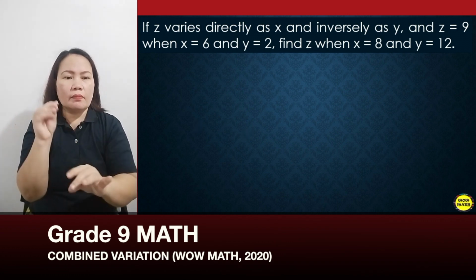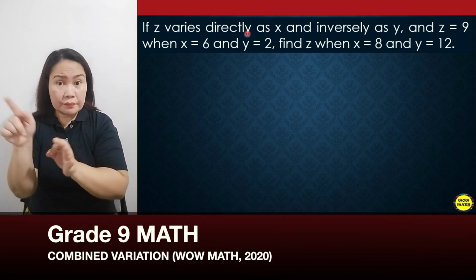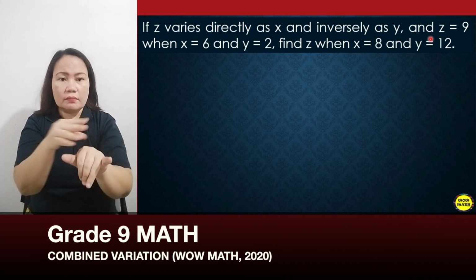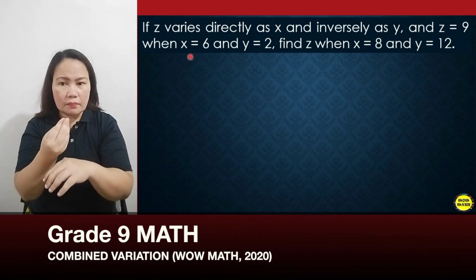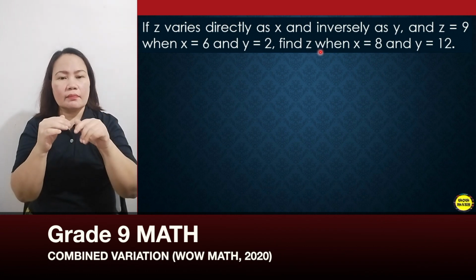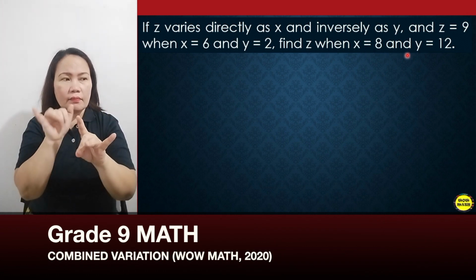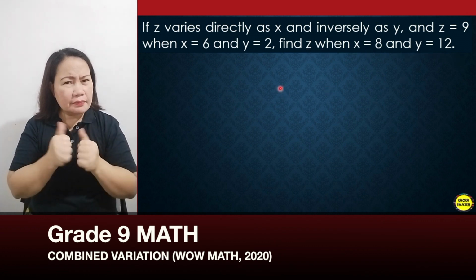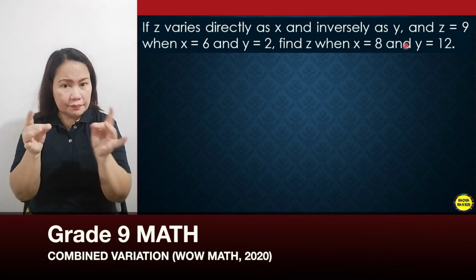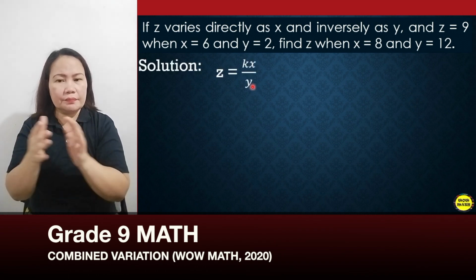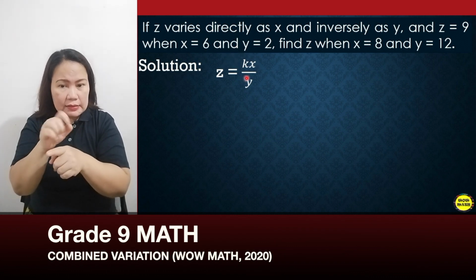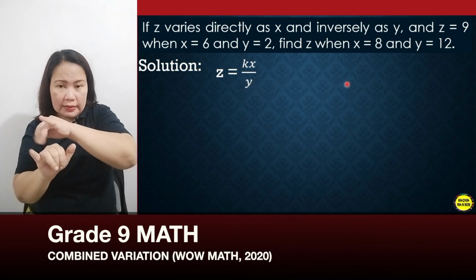How do we do this? First, translate this mathematical statement into an equation. That is, z is equal to kx over y, since it varies directly as x and inversely as y.